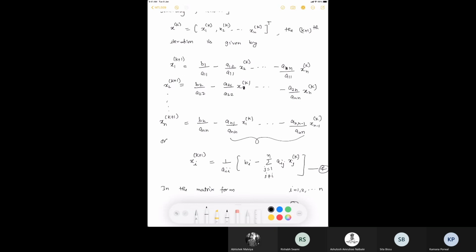So now what we do in the Gauss-Seidel method. Suppose I'm computing x1, the first component of the k plus 1th iteration, right? Then in the right hand side, I have x2, x3 up to xn, and I'm using all the information from the kth iteration, right?